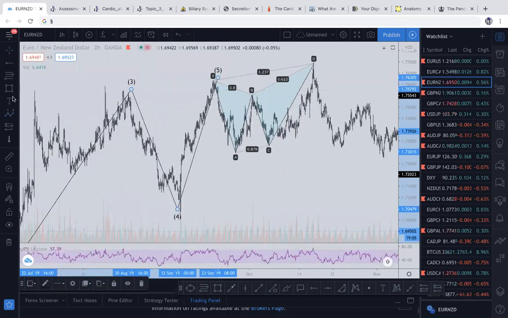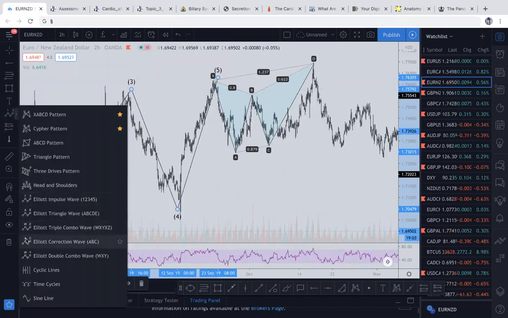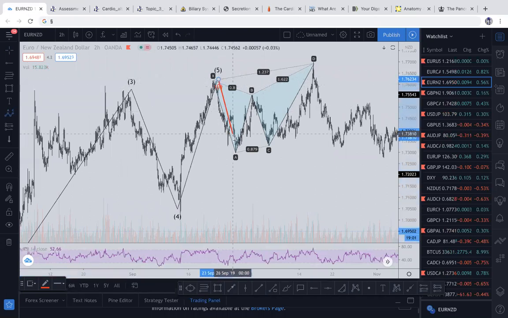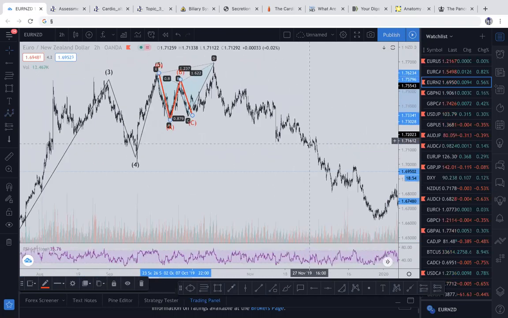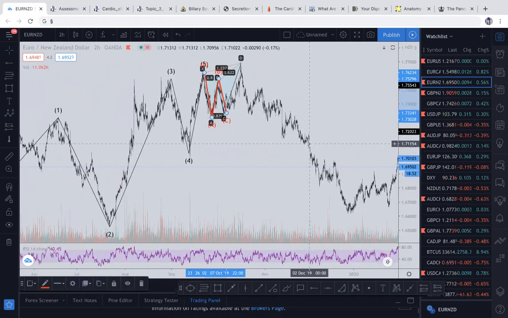Now your ABC pattern, and now the drop. Are we good, guys?